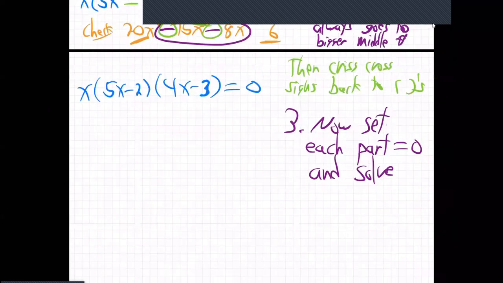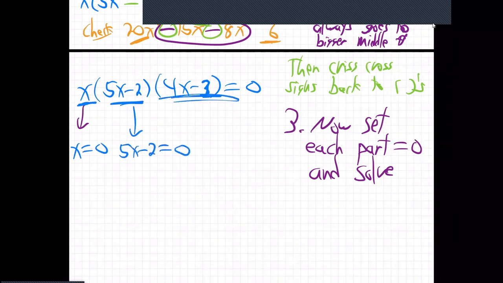So I take this x alone equal to 0, that part, and then this part, 5x minus 2 equals 0, and then this part. Each part equals 0 and solve. So this part's done.